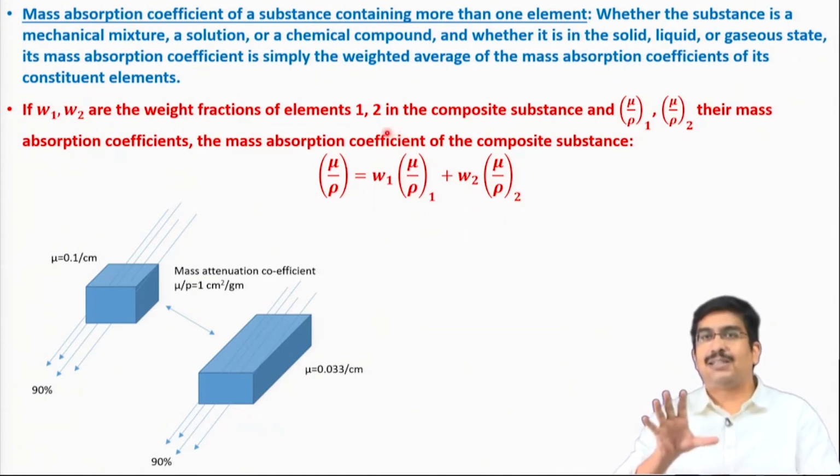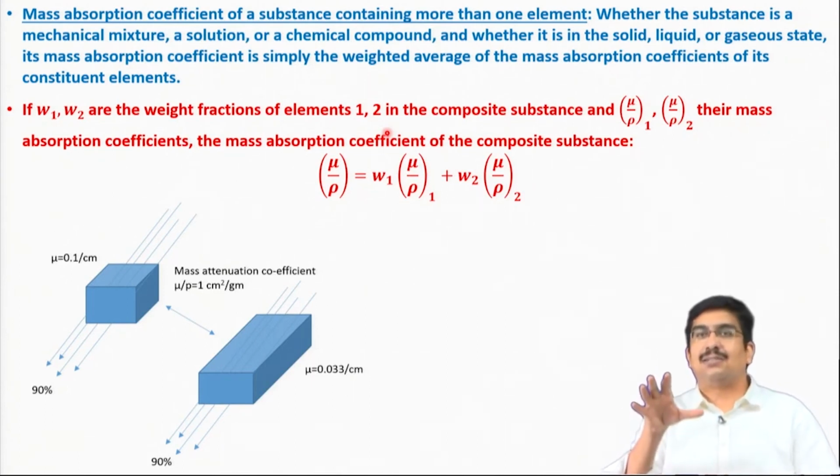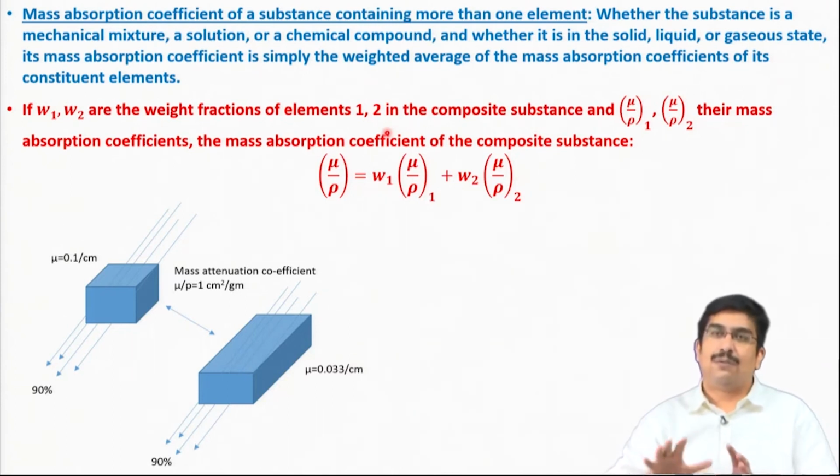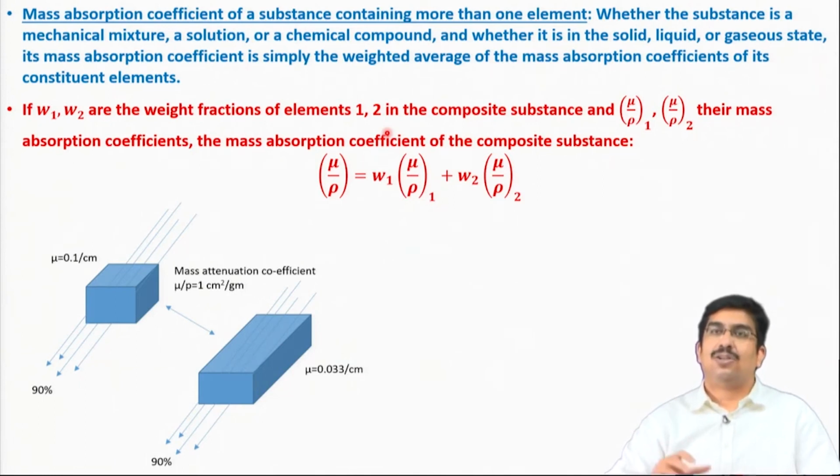So, let us say your mixture or your solution, water and alcohol solution, is composed of say two elements, or even better, an alloy of two different elements. Let us say you consider a titanium aluminide, which is titanium and aluminum. The weight fractions of these two, titanium and aluminum, are W1 and W2.